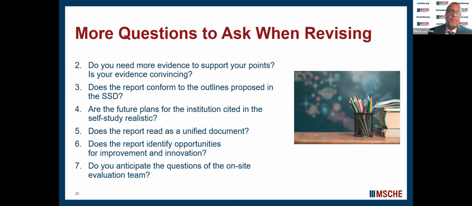And so providing the feedback, not only by the campus constituents, but then subsequently by the team, becomes really important. And then anticipating the questions of the on-site evaluation team, because when the team comes, they may ask questions that you may or may not anticipate. So being ready for them as much as possible is really important.